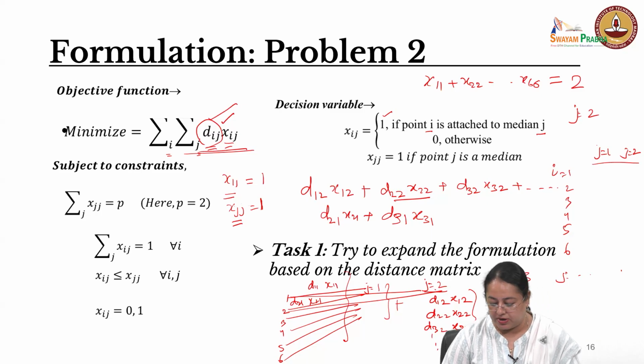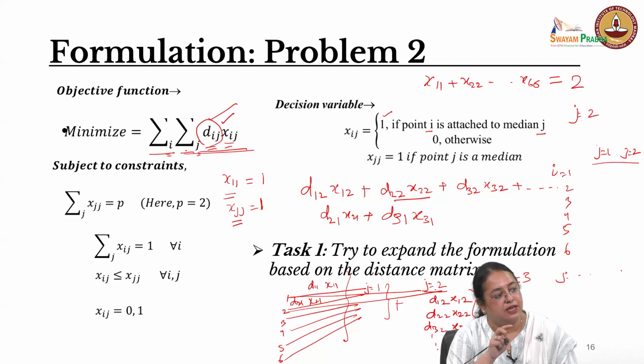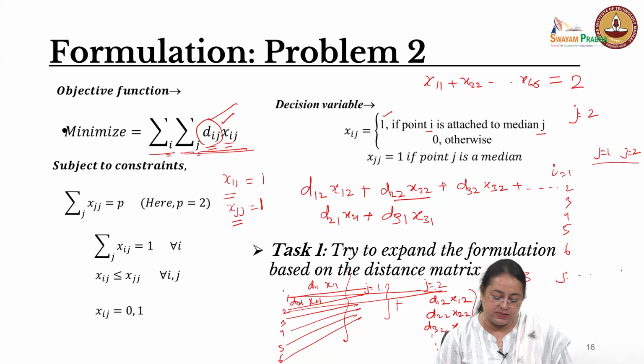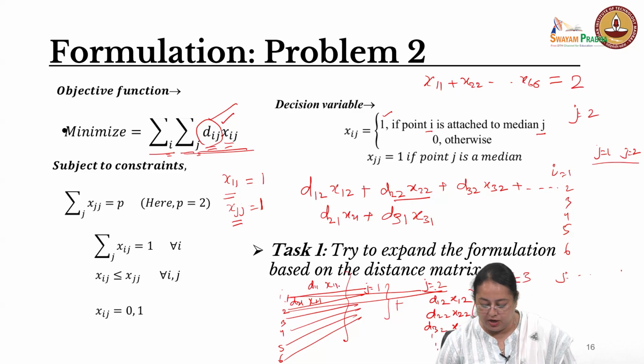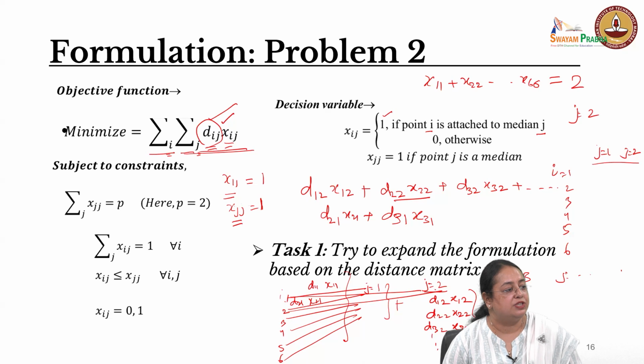Double summation, because we have one summation, and we need to expand for all the nodes. The second summation is this 1 to 6. When i goes from node 1 to 6, all 6 facilities can be potential nodes for locating a healthcare facility.